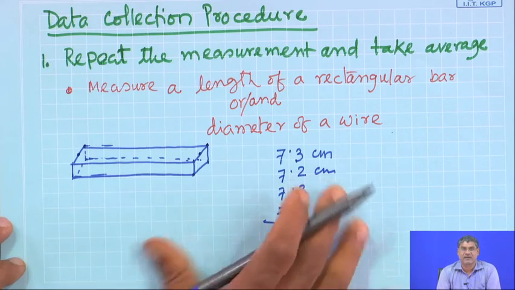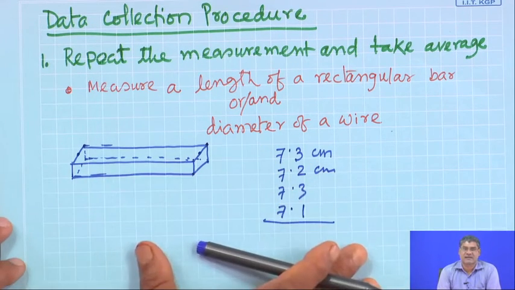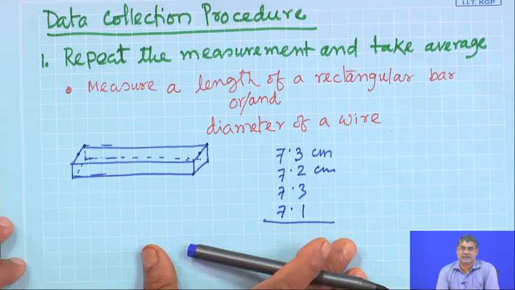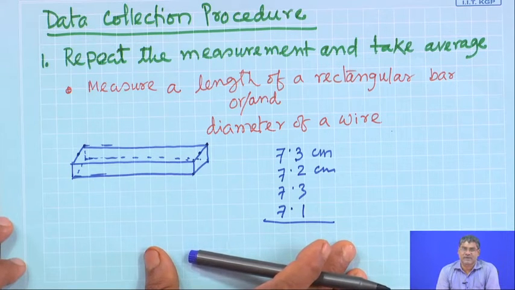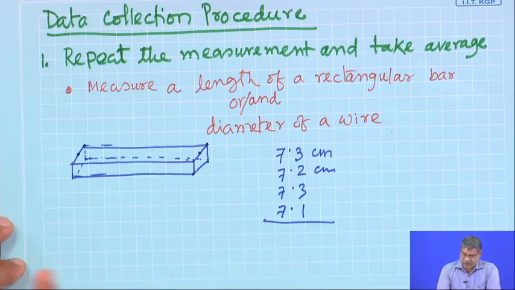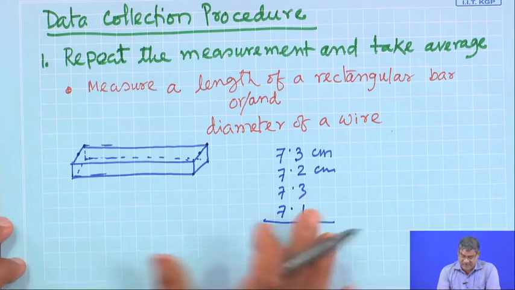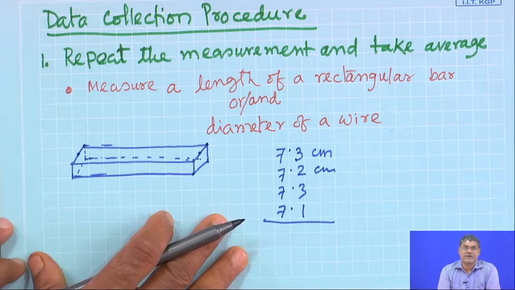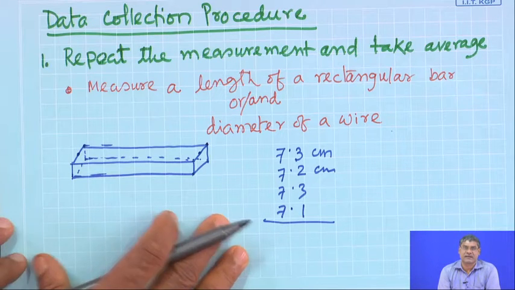Then you take the average. I discussed this when I discussed significant digits, but that context was different. Here the context is why we need to repeat the measurement and take the average.